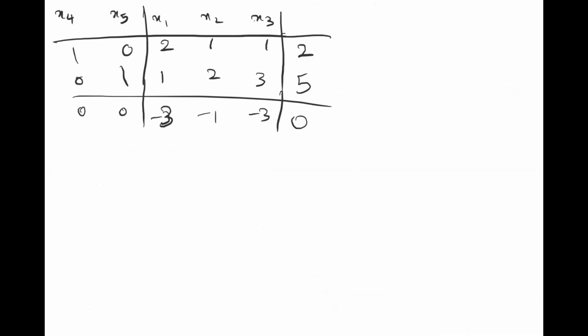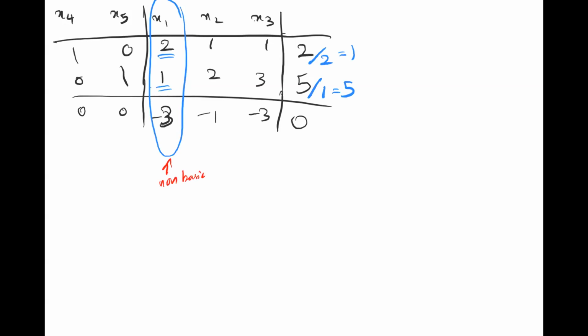So after deciding which column we want to use, we are going to divide these values by the corresponding coefficient of that column. So 2 divided by 2 is equal to 1, and 5 divided by 1 is equal to 5. Now we have to choose which row we want to deal with, which row we want to switch the non-basic and basic variable.